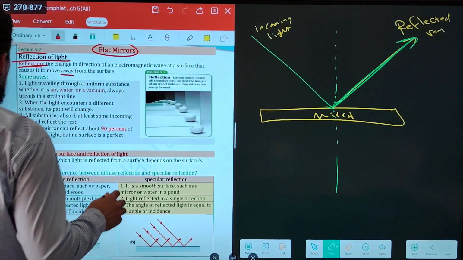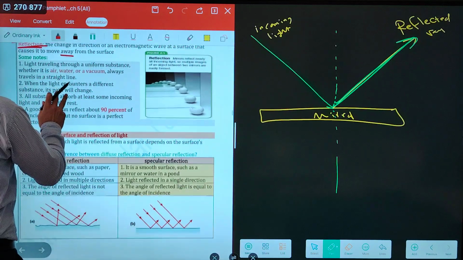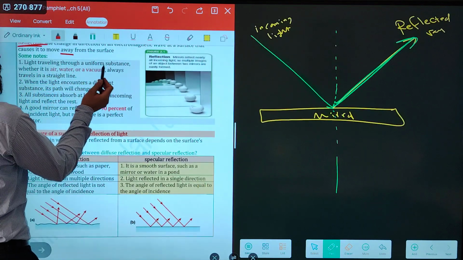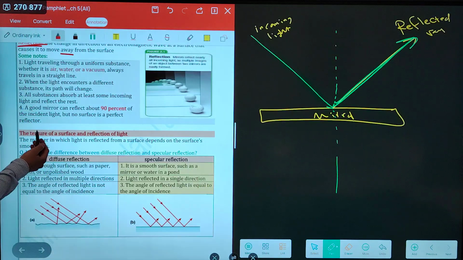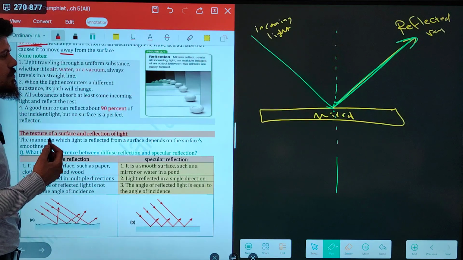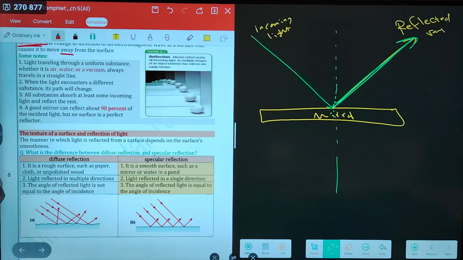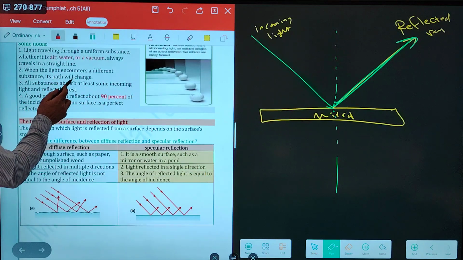Okay. So we have some keywords and some important notes about reflection. Light traveling through a uniform substance, whether it's air, water, or vacuum, a transparent medium, travels in a straight line. When the light encounters a different substance, like a rough or smooth substance, its path will change.